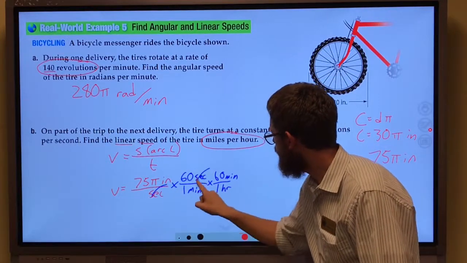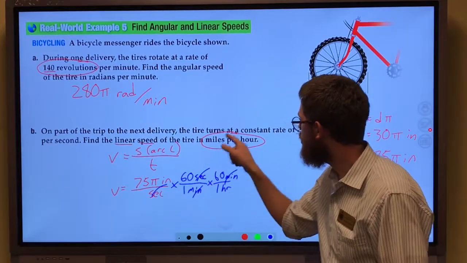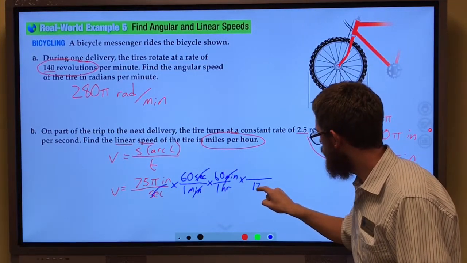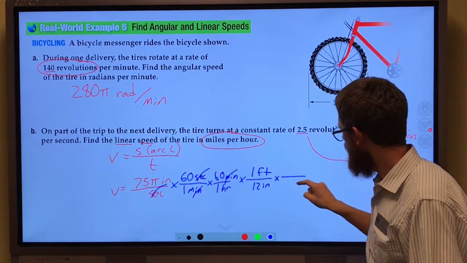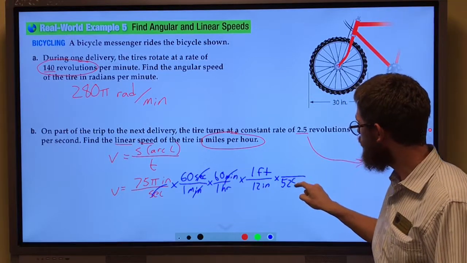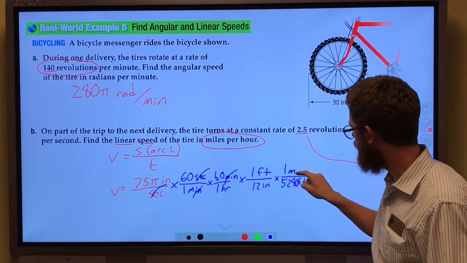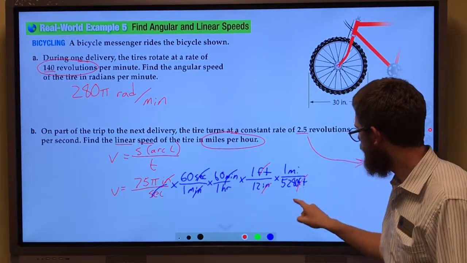The seconds will cancel out, the minutes will cancel out. So now I'm in hours, but I need to also change inches to miles. There's 12 inches for every 1 foot, and there's 5,280 feet for every 1 mile. Inches cancel off inches, feet cancel off feet.